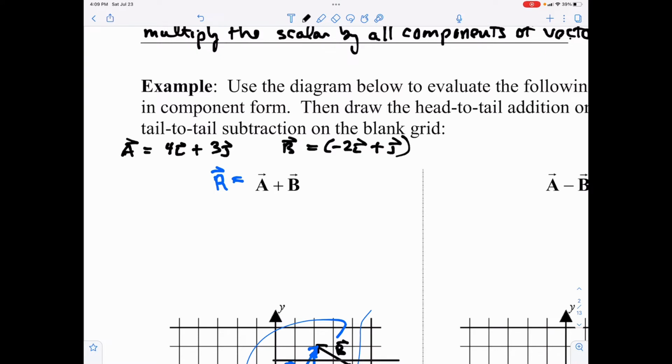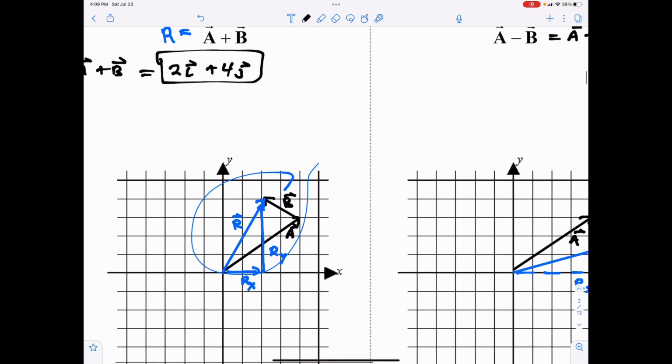Okay, so what would I do? Well, A plus B would just be the sum of that. Right? I'm going to add my like components. 4 plus negative 2 is 2 in the x direction. And then if I go 3 plus 1, I get 4 in the y direction, which is exactly what we have here. 2 in the x direction, 4 in the y direction.